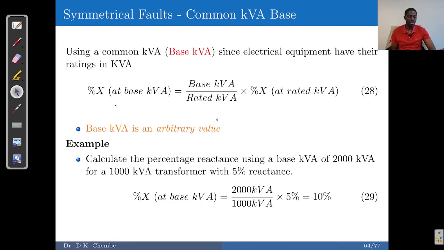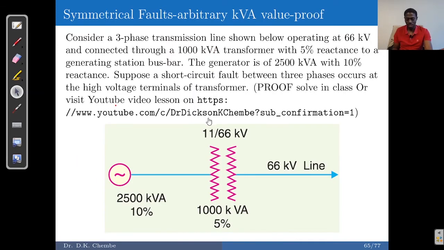In most cases, in the calculations, we use what we call the base KVA, because generally various equipment used in the power system have different KVA ratings. It is important that we find the percentage reactance of all the elements on a common KVA rating. This common KVA rating is called the base KVA.